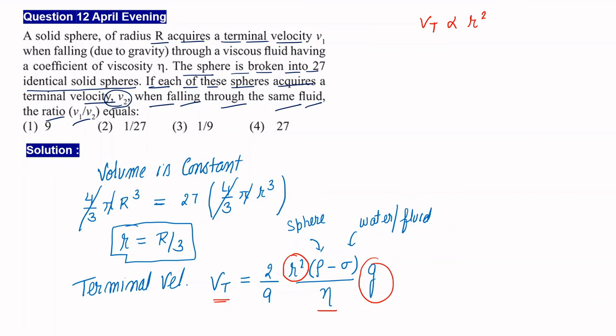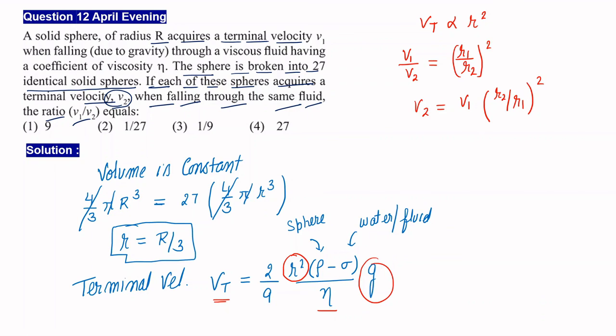So we can write V1 upon V2 equal to R1 by R2 whole square. You can write this way. So from here V2 is nothing but V1 into R2 by R1 whole square.